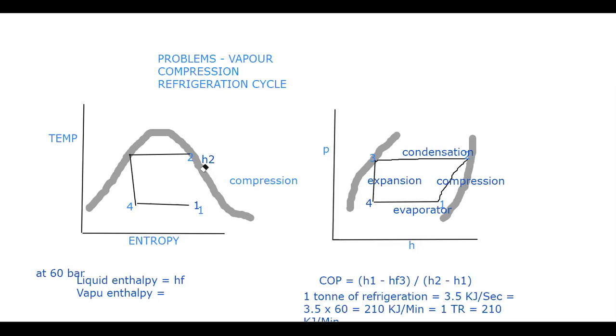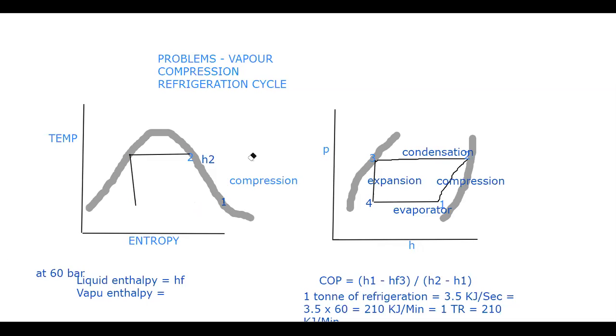But in this problem he has given that the condition of steam is dry saturated before entering the compressor, right? That means my point one will be on the dry saturated line itself.